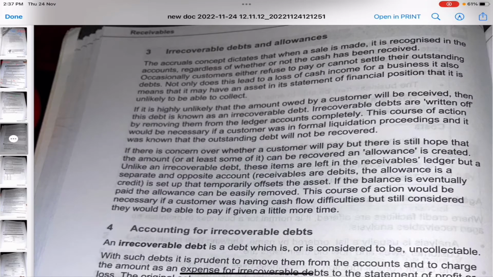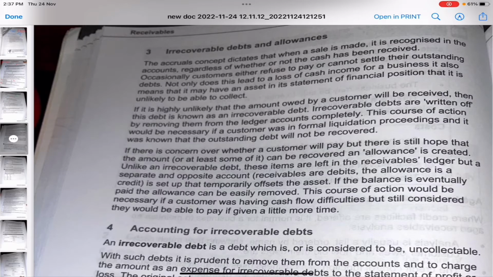If we are 100% sure that someone will not be paying us, due to bankruptcy, liquidation, insolvency, whatever the reason is, then we write off the bad debts, we write off the irrecoverable debts, because now we are 100% sure that we will not be getting the money.